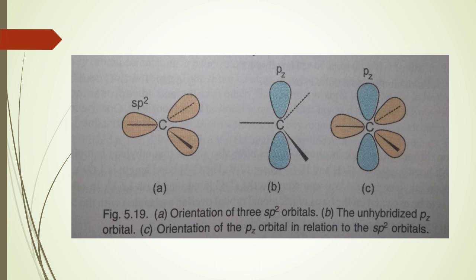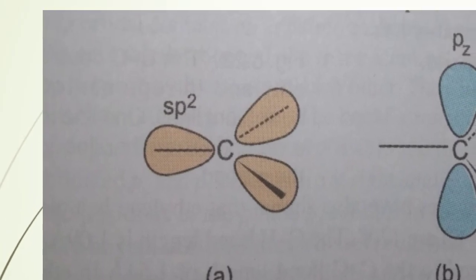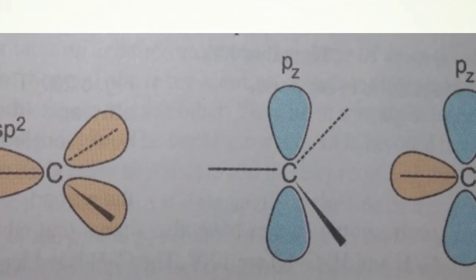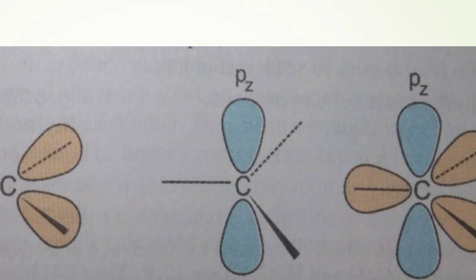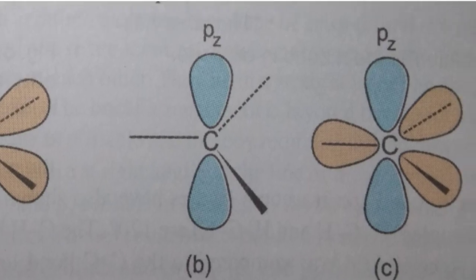These are the orientations of the sp2 orbitals. Figure A explains the orientation of the sp2 orbitals, which occupy space like this around the carbon atom. This is the orientation of the pz orbital in space; it is arranged in space like this.